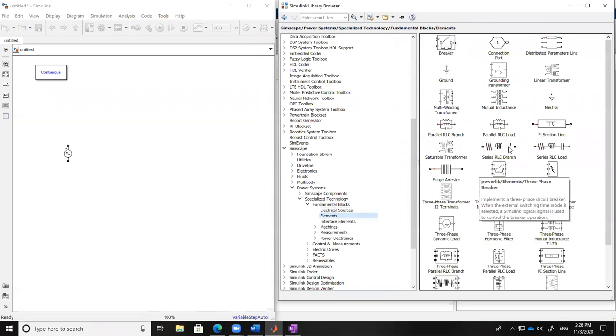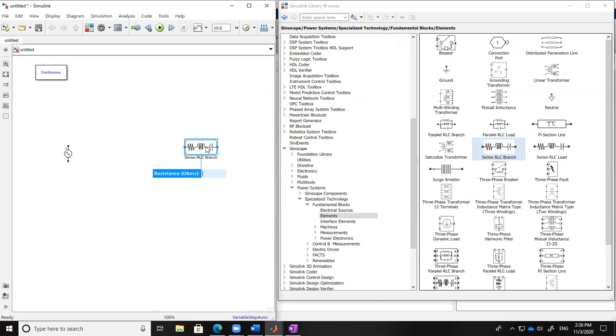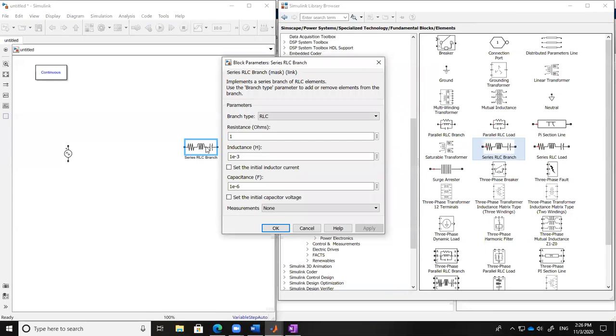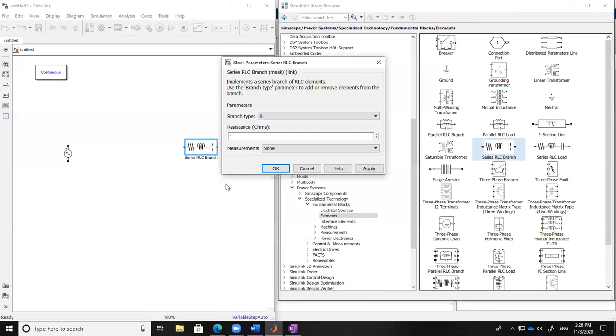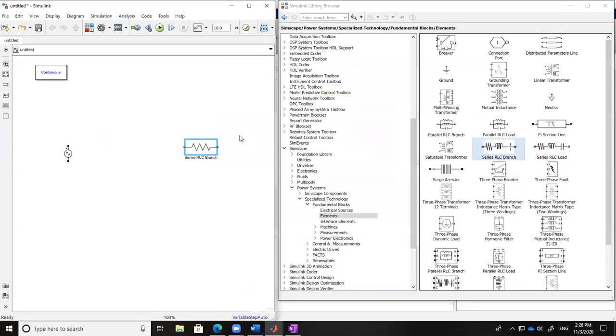I want to bring a series RLC branch, remember, series RLC branch. And then I will set it to R type, resistor type, and keep the resistance to 100 ohm. You can even keep it to 10 ohm. In simulation, it doesn't matter.